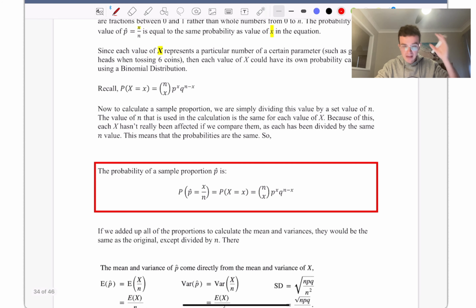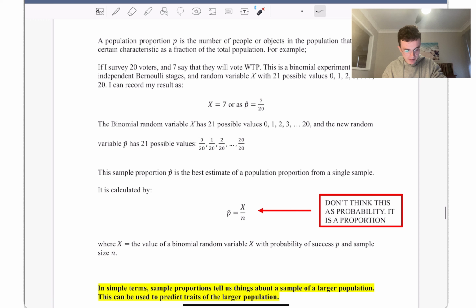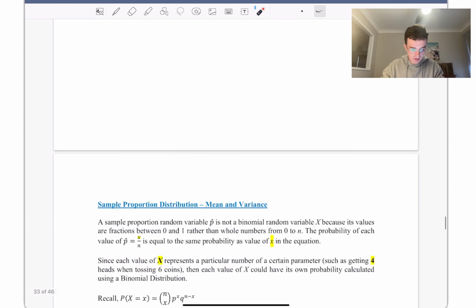So if we forget about proportions for a second, we can calculate probabilities using the binomial theorem. But to calculate a sample proportion, we're simply dividing this value by a set value of n. And the value of n used in the calculation of each value of x is the same for each value. This value of n doesn't change.